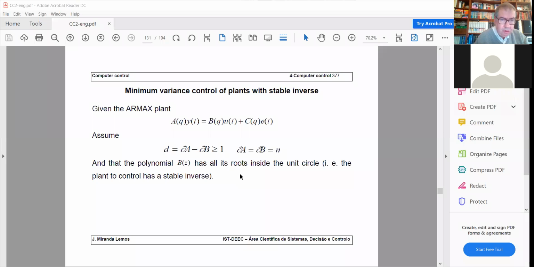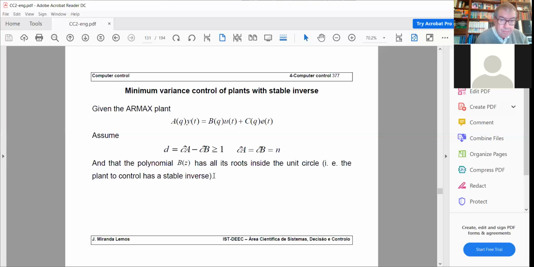I mean, if you consider A divided by B, which is the inverse system, apart from causality considerations, it is asymptotically stable because of this assumption. Of course, this is a limitation. There are important classes of plants for which this is not valid. We will later alleviate this constraint.